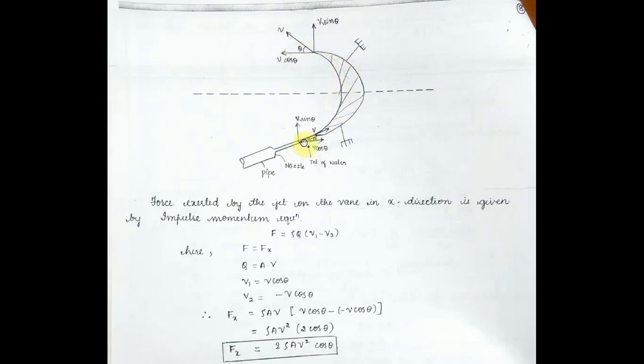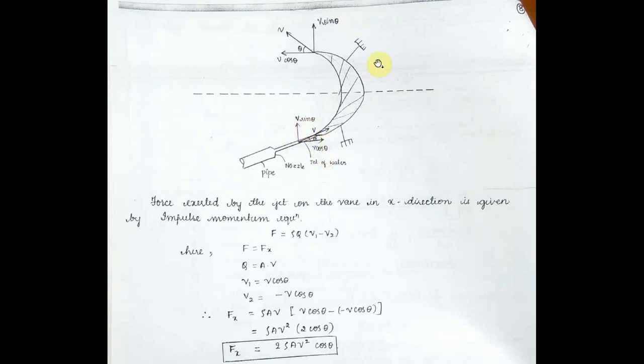At the stage 1 hitting, this will be an inclined line, that is velocity v resolved into horizontal and vertical components. This is theta, the inclination to the horizontal, so the horizontal component is v cos theta and the vertical component is v sin theta.